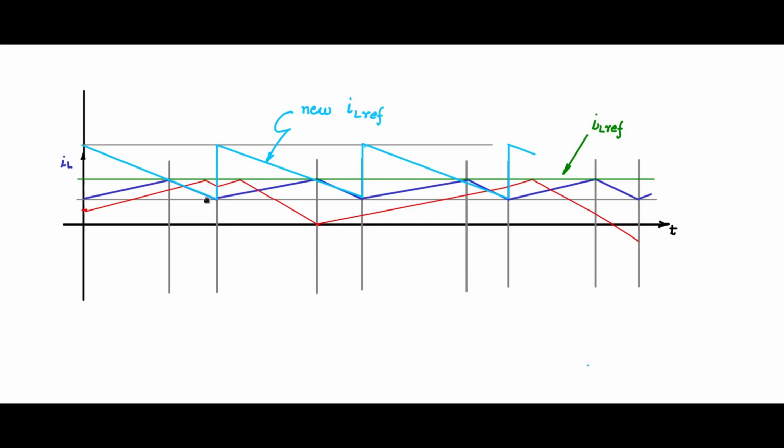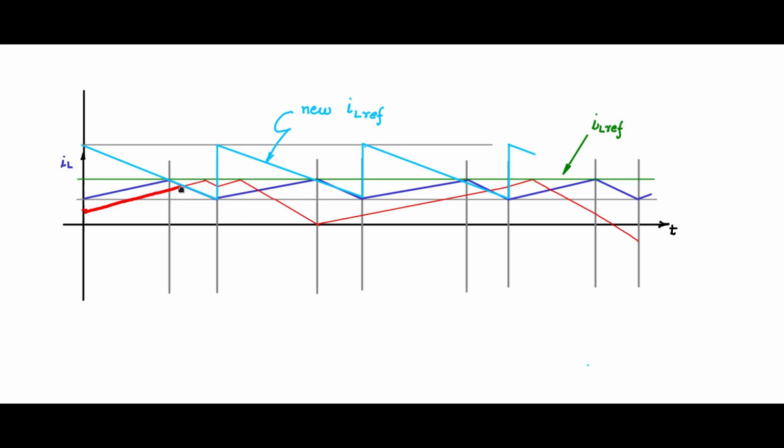So when you use IL ref of this nature, you see something nice happening. Now let us take the same disturbance and let me allow the inductor current to go parallel to what is supposed to be the steady state value. So it goes parallel. Now it hits the boundary here.